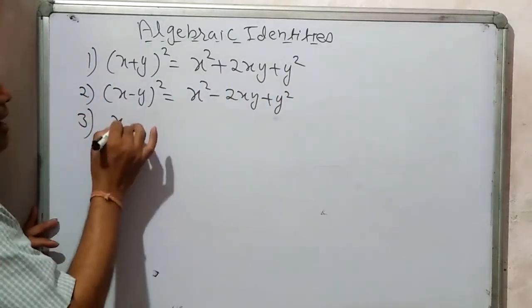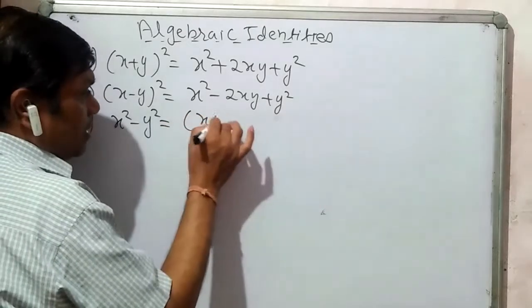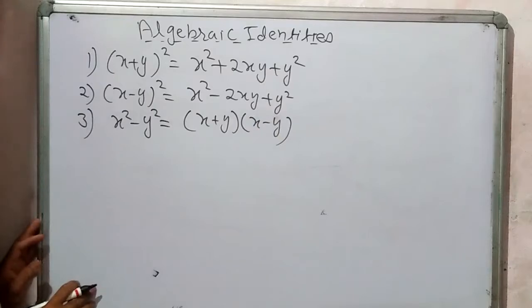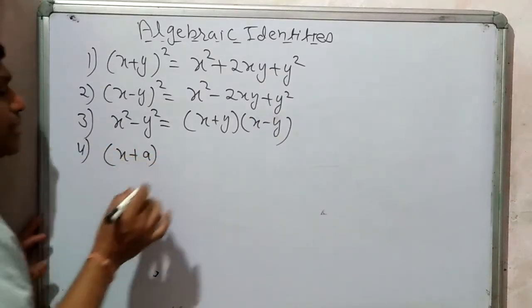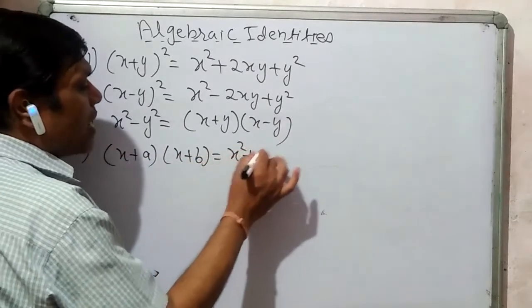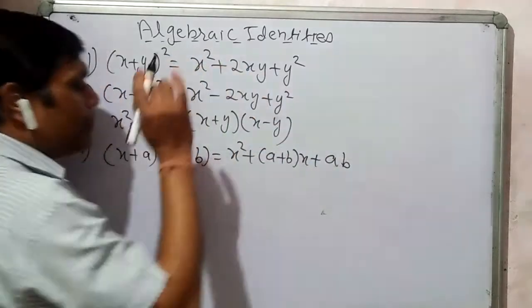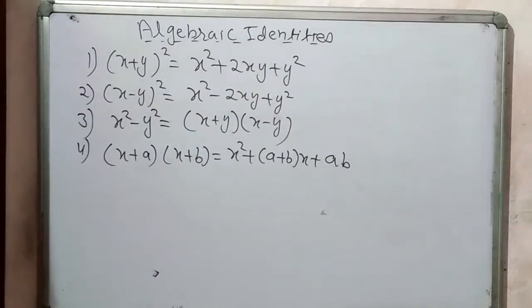The third one was x square minus y square equals (x plus y) multiplied with (x minus y). The fourth one which we used was (x plus a) multiplied (x plus b) equals x square plus (a plus b)x plus ab. Now these are the four identities that we had understood in class 8.